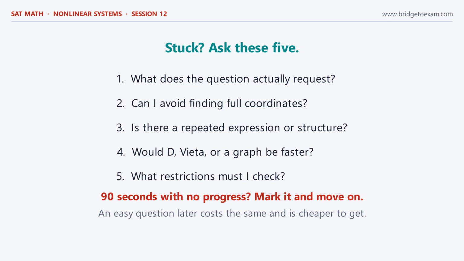Difference of squares, a repeated x squared, a perfect square trinomial. 4. Would the discriminant, the eta, or a graph get there faster than what I'm currently doing? 5. What restrictions must I check? Domain, sign, context. Those 5 questions take about 10 seconds, and they will rescue you from most dead ends.